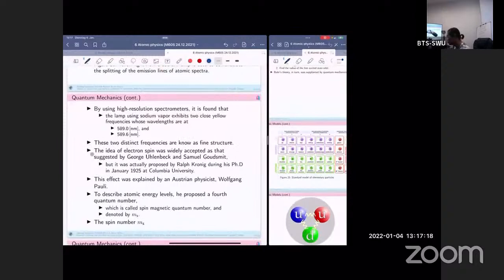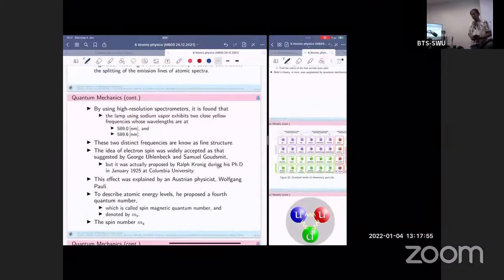The idea of electron spin was widely accepted as that suggested by George Uhlenbeck and Samuel Goudsmit. But it was actually proposed by Ralph Kronig during his PhD in January 1925 at Columbia University. If you want to discover something which has high impact to the world, you may need to study a PhD, the doctoral degree.